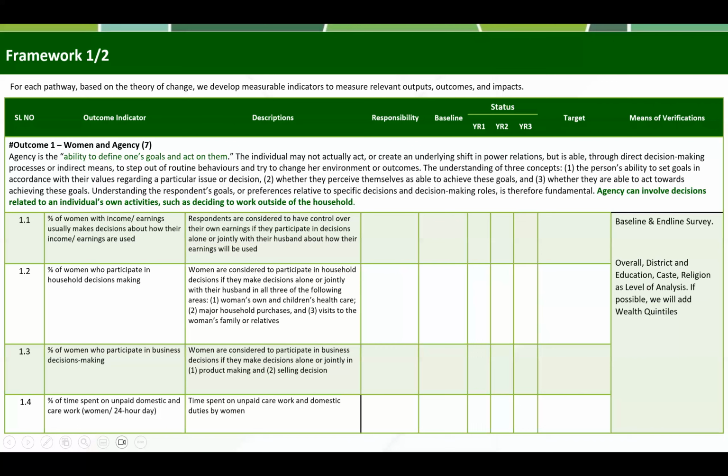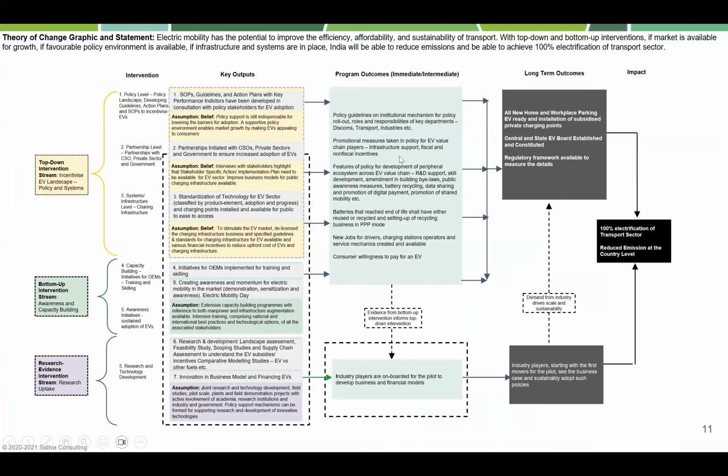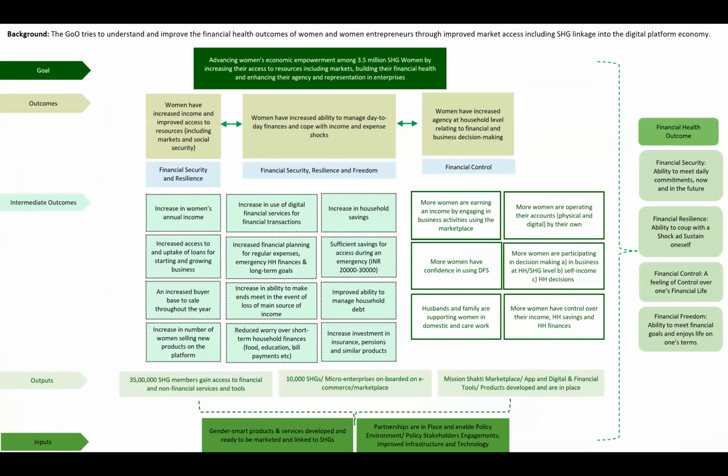If it's a policy level intervention, you put more emphasis on the number of guidelines, the number of conversations you are having, the number of features, or the policy or R&D support you received. Most of the time we avoid coming up with a percentage or quantifiable target. But when you are working on a proper increase of income or a decrease in maternal mortality, then we start coming up with a proper percentage point.